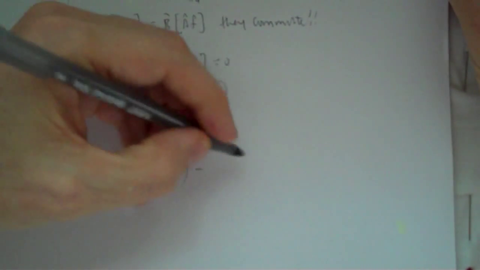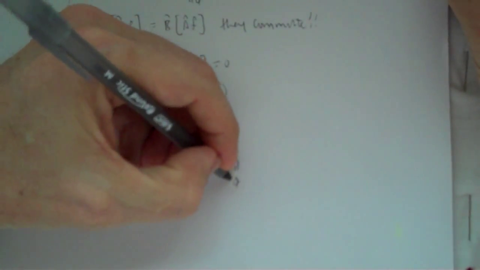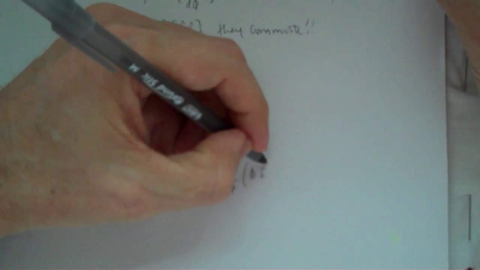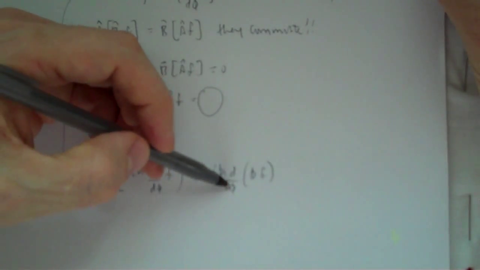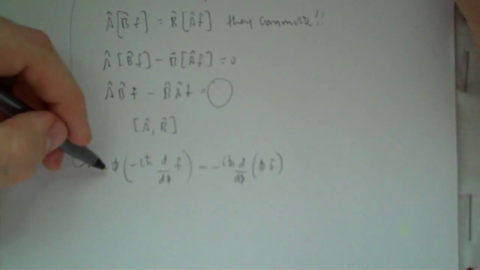Minus i h bar d by d phi of phi f. Now don't forget, that's a function of phi, so I'm going to be differentiating that with respect to phi.